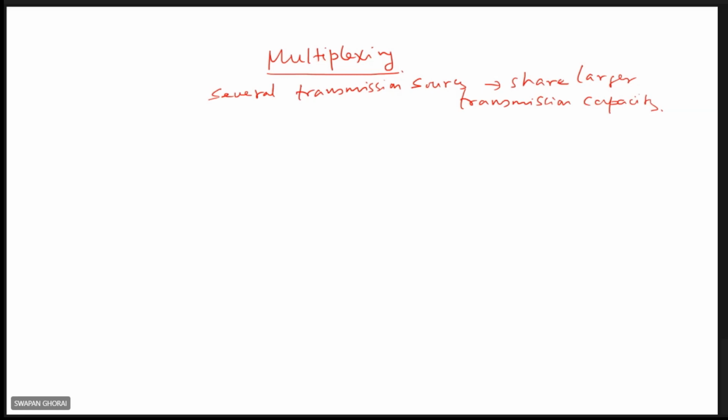So the concept of multiplexing: on one side there will be a multiplexer to combine the different inputs.